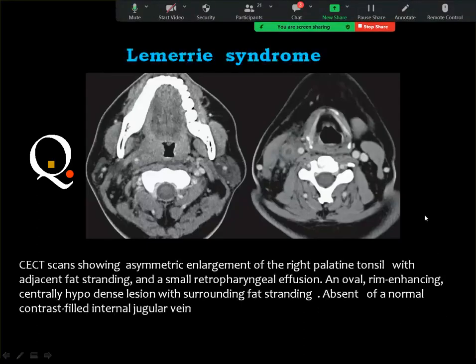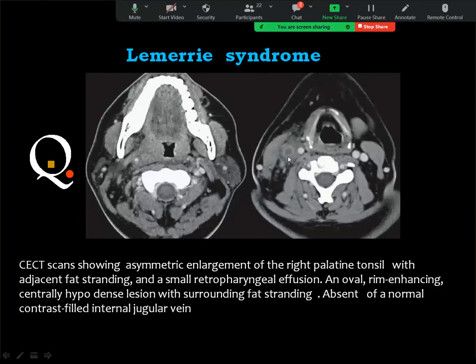And you know that this is the common carotid and internal jugular vein. This is the common carotid, which is patent. Internal jugular vein is thrombosed. And there is inflammation around the thrombosed vein. And this is the clue for Lemierre syndrome, which is inflammatory thrombosis of the internal jugular vein.